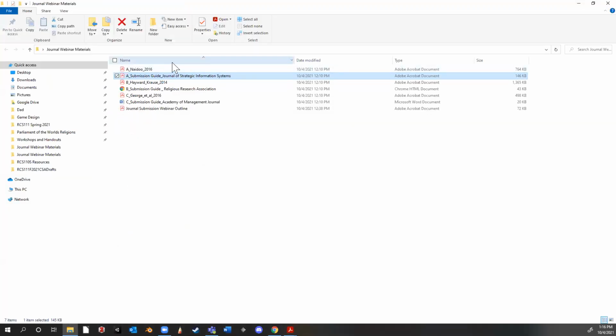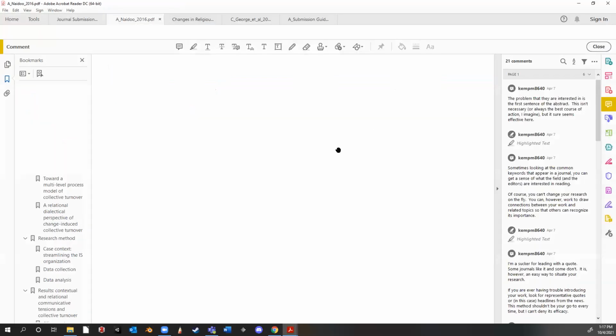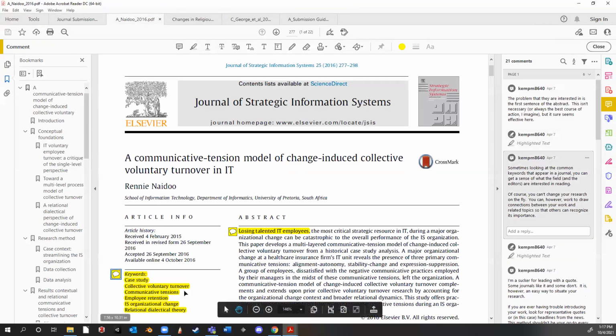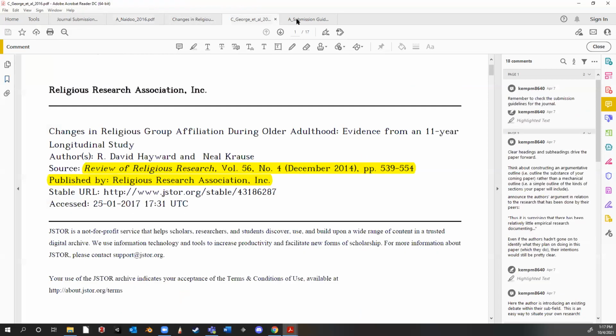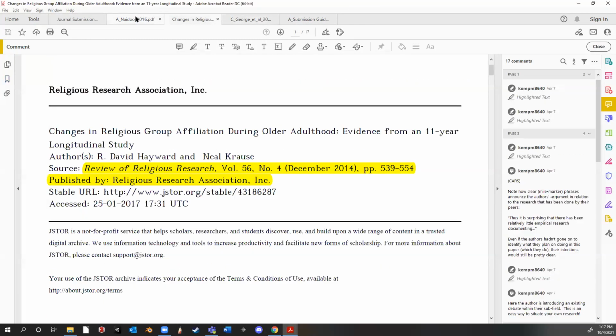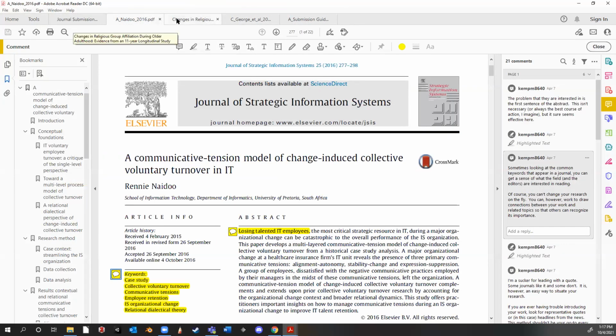Each of those articles is also annotated with comments about some of the different parts of a quote publishable paper that we're going to be talking about. If anything, it's to set up a series of questions that you can ask yourself about your paper as you prepare it.